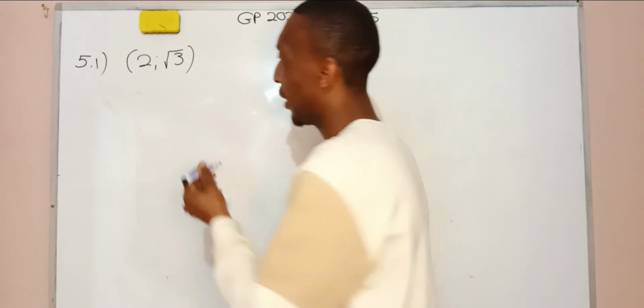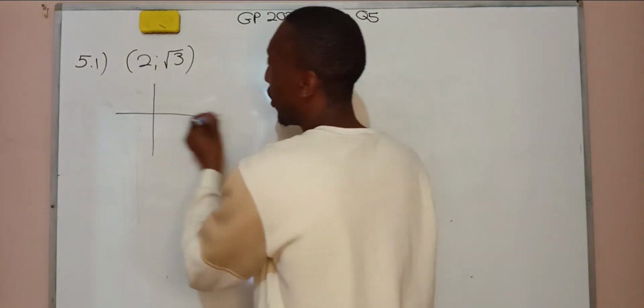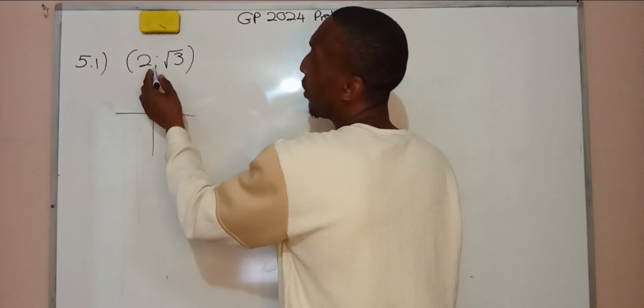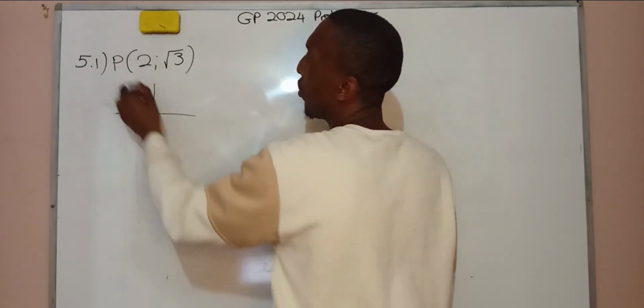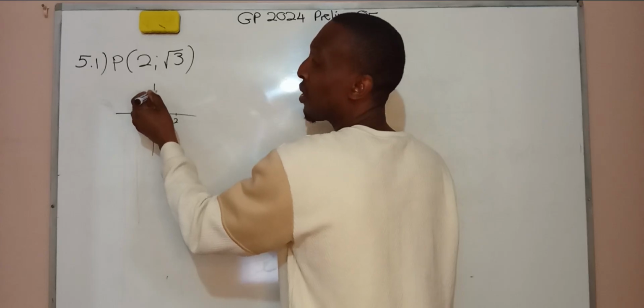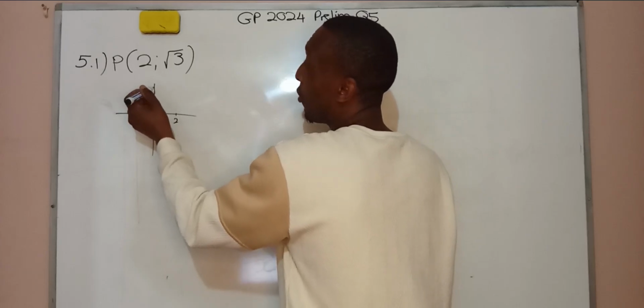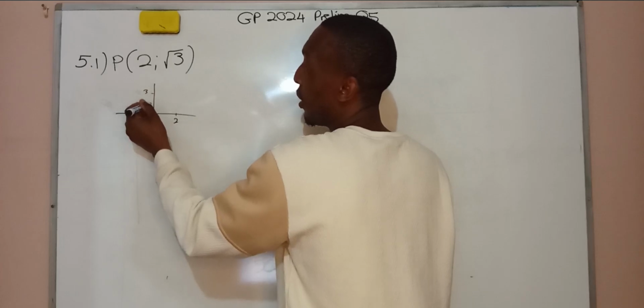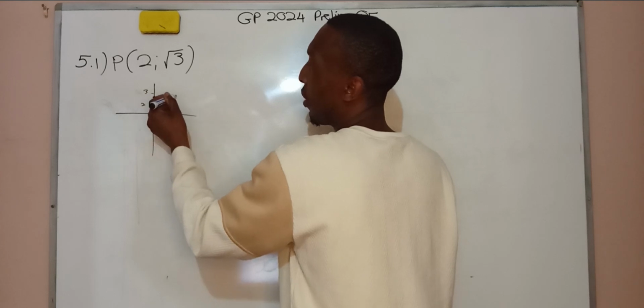Okay, so let me just draw a rough visual representation. 2 square root 3 would be somewhere here. This is 2, and square root 3 is somewhere between 1.5 and 2. So if this is 3 and so that's 2, your square root of 3 would be somewhere there.